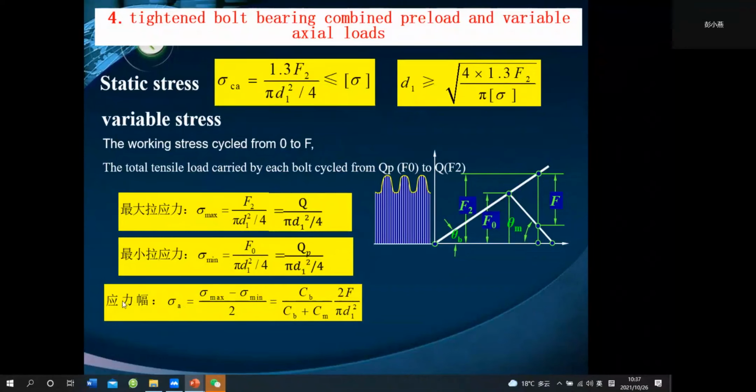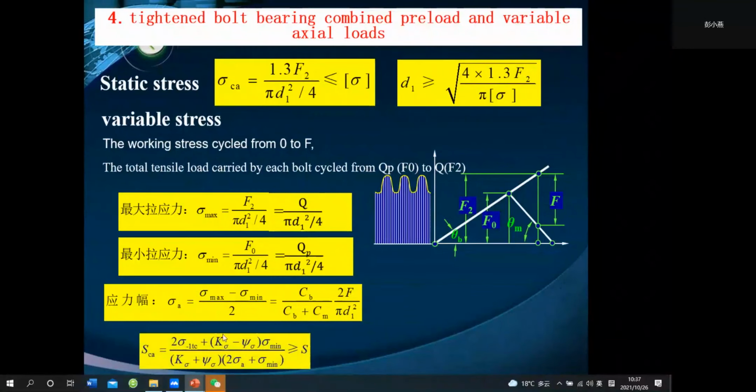So the stress amplitude is this times this, and this is the stress criterion for the variable stress. Any problem? And this stress criterion is for which condition?